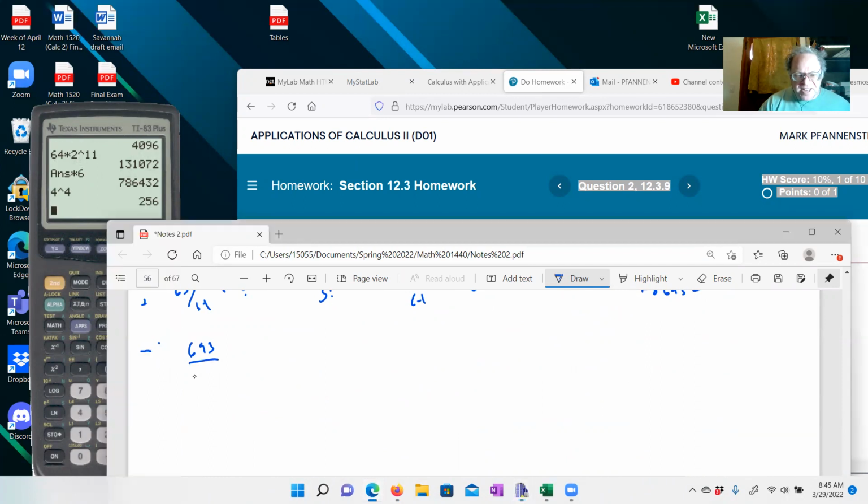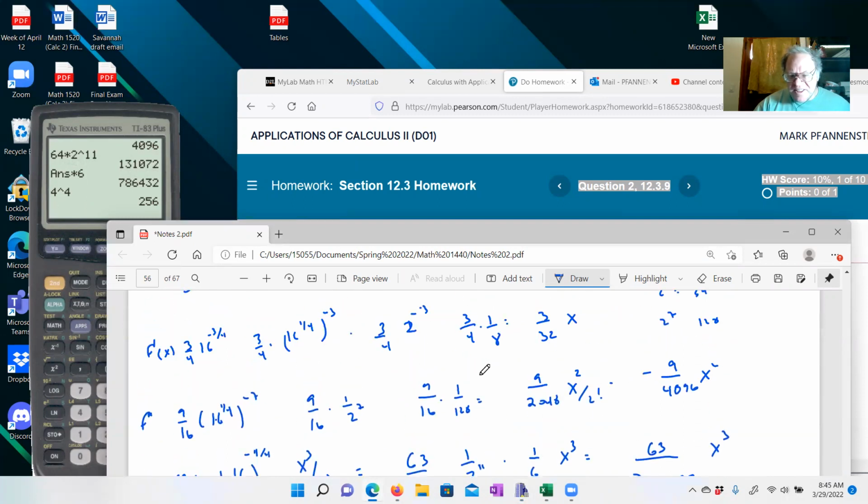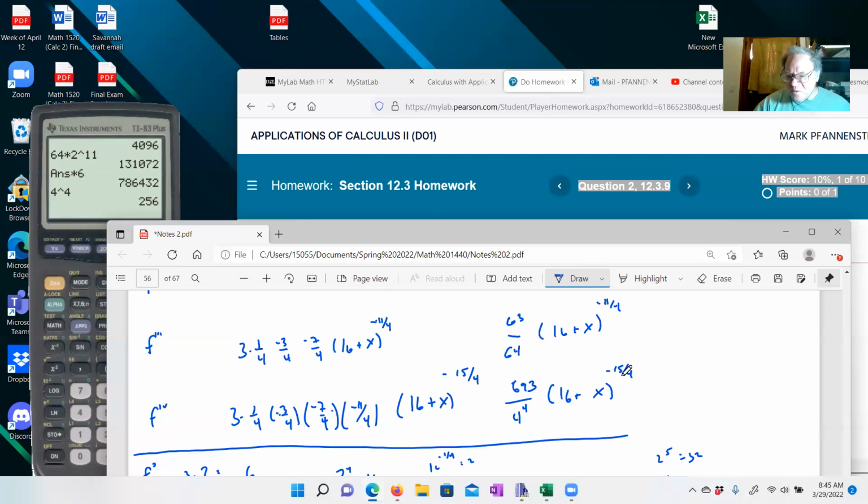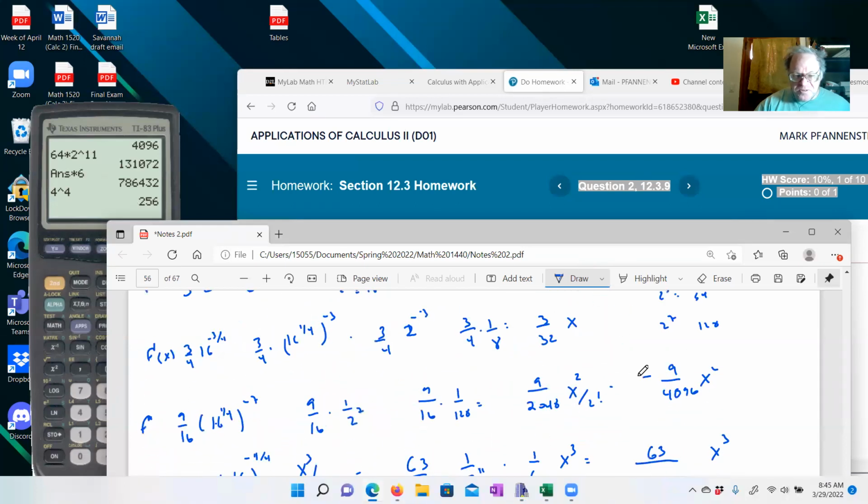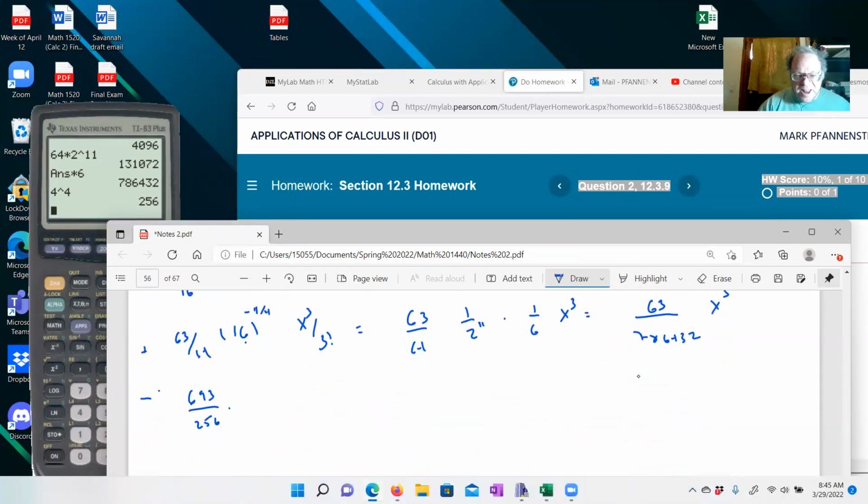That's 256 times, what do we have here? We have to the 4th power, so that's 2 to the 15th, so it's 1/2 raised to the 15th power times x to the 4th over 4 factorial. So there's going to be 693 over 256 times 2 to the 15th times 4 factorial, and we'll see what we get.